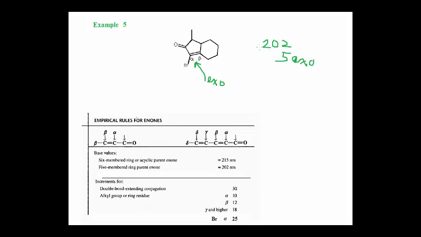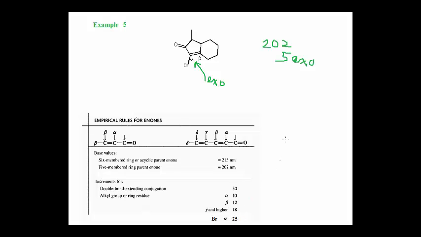Alright. Let's now look at the substituents. We have a bromine substituent on the alpha carbon. I've listed here the entry shown in the previous chart. A bromine substituent on the alpha carbon of an enone system is worth 25.